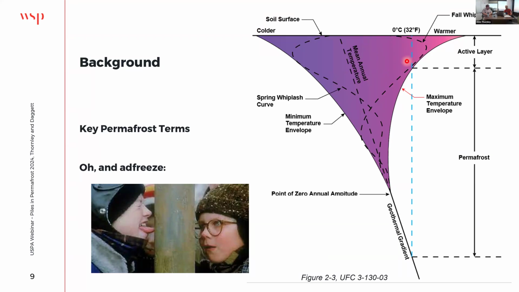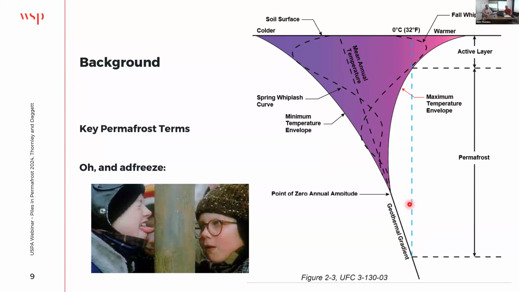There's your standard definition of permafrost, but what we typically will have is this trumpet curve that captures all of the temperatures throughout the year of your permafrost soil down to the point of 0 annual amplitude, where everything kind of stays steady and follows the geothermal gradient.